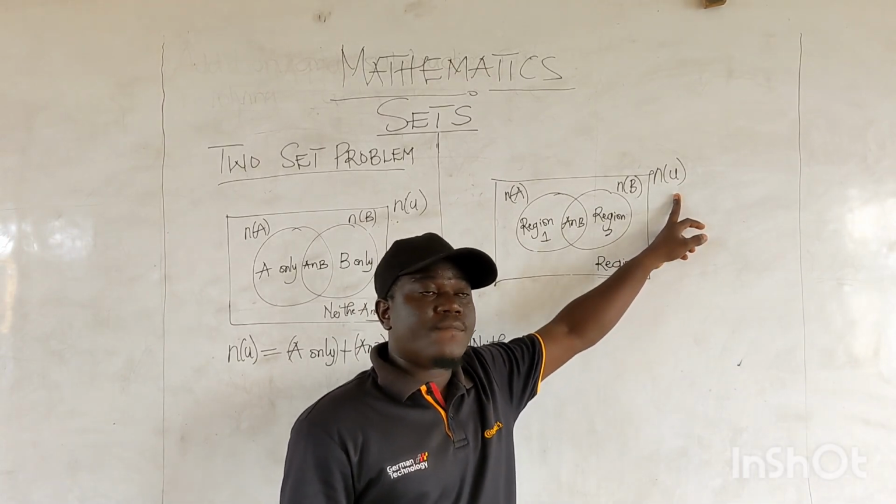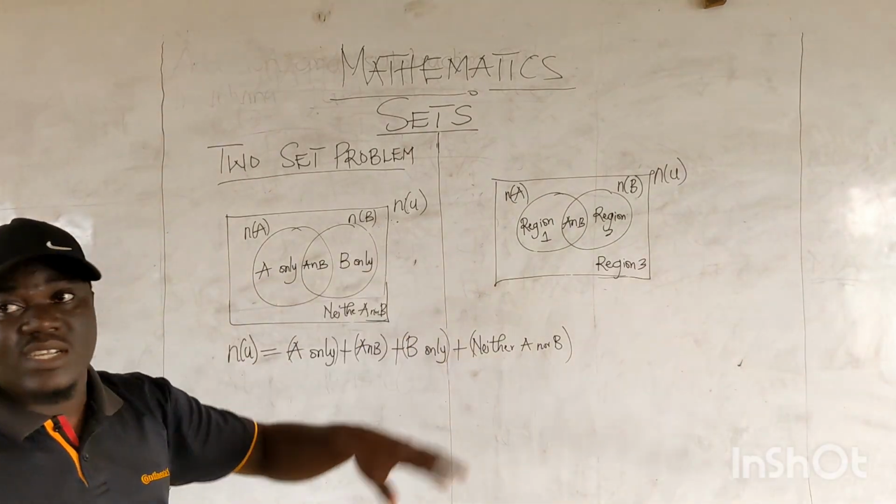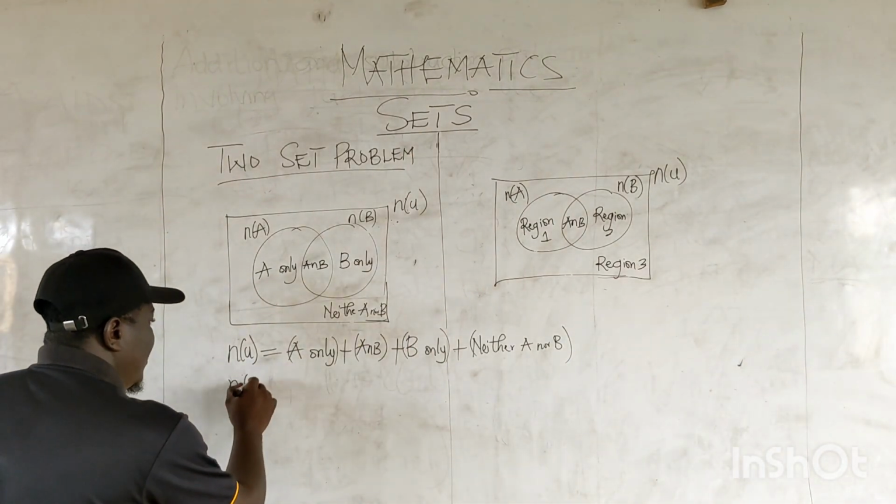Is that okay? Alright. Now, another way we can equate everything to our number of U is by using the formula.